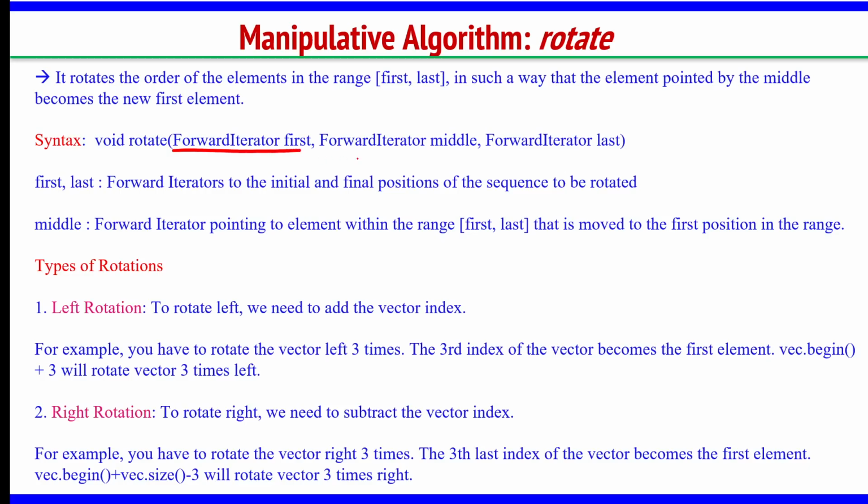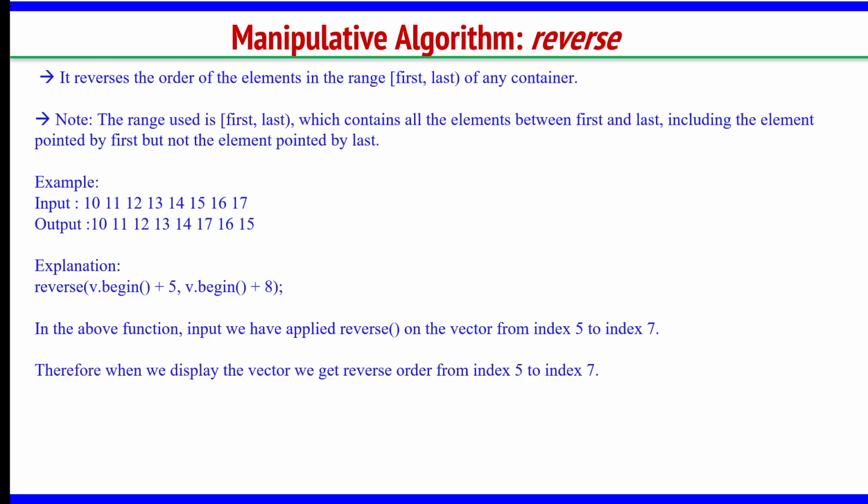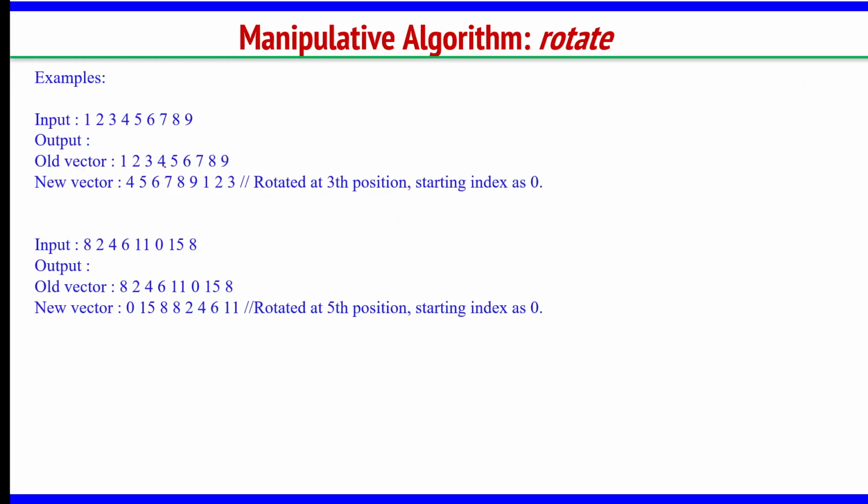Forward iterator first, the middle and the last. Three things we have to specify here. First and last are the initial and final positions. In this case, the syntax would be rotate the array A, A plus the location where you want to rotate.